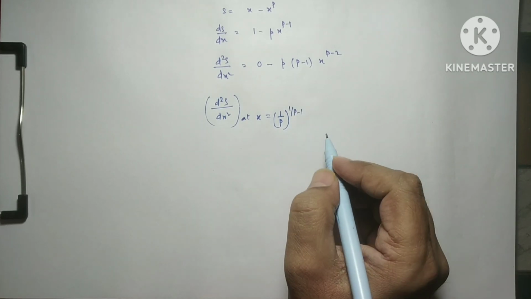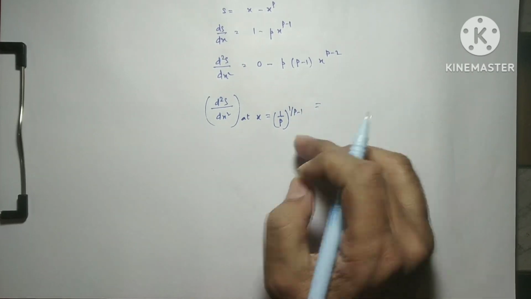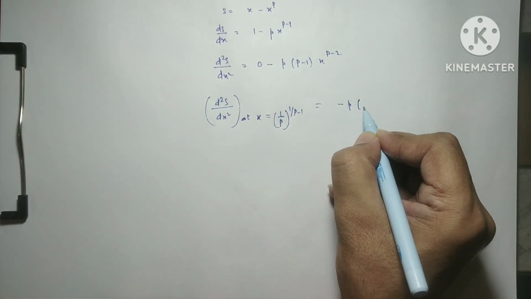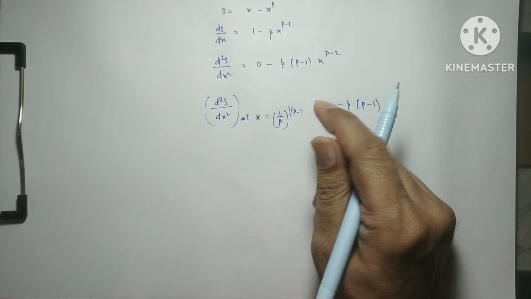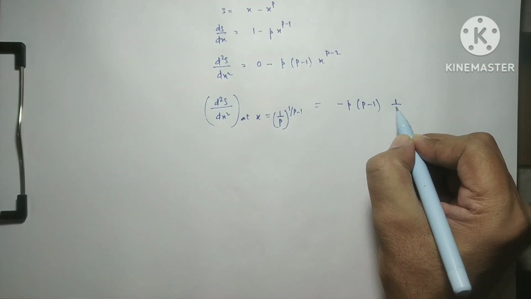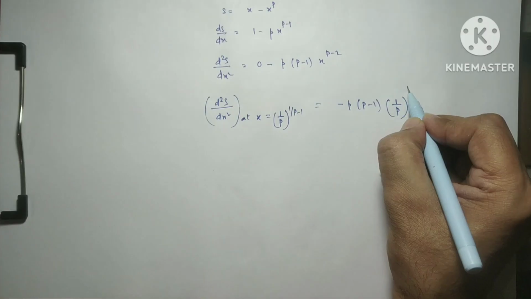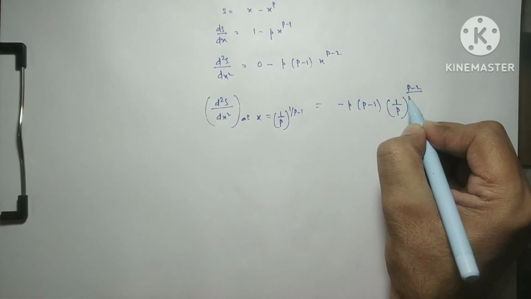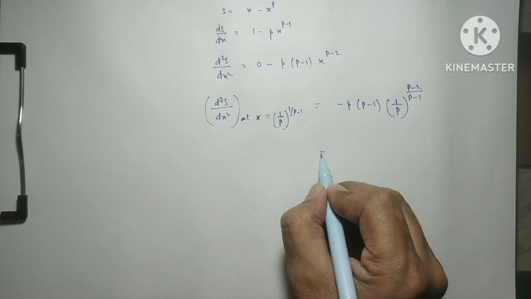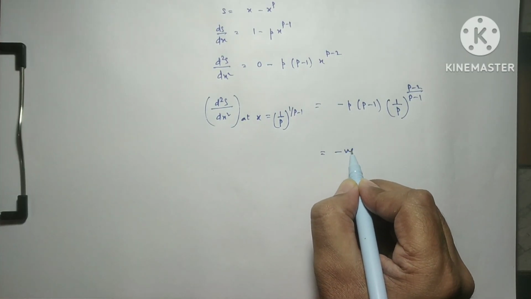p minus 1. So when we put this value, and this is a positive value, so p into p minus 1, and when you put this value, you get 1 over p minus 2 over p minus 1. So this is a negative result due to this negative sign.